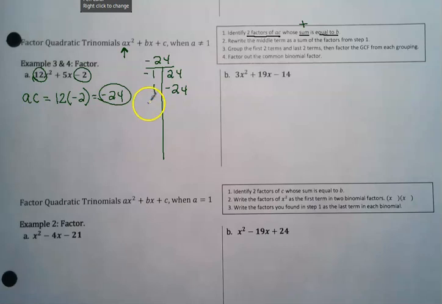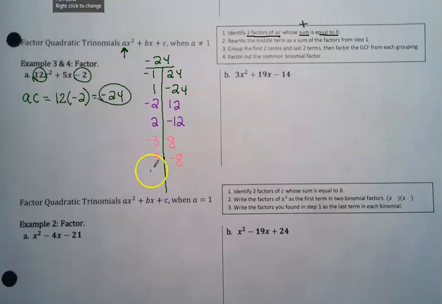Other factors would be -2 times a +12, or a +2 times a -12. Another set would be a -3 times a +8, or a +3 times a -8. And there's one more set of factors for 24, right? We could have -4 times a +6 equals -24, or we could do a +4 times a -6 equals a -24.